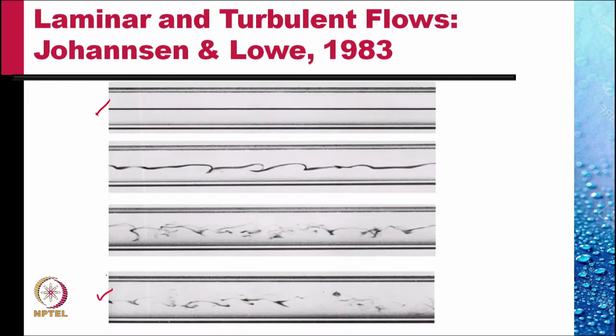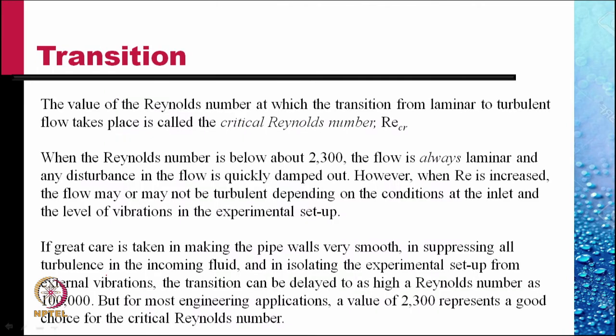Johannsen and Lowe did the experiment in 1983 on the same equipment as Reynolds used in his laboratory at the University of Manchester. Reynolds had reported that the transition took place at Reynolds number as high as 100,000. But in the later experiment, a century later, they could never take the transition beyond about 8,000.